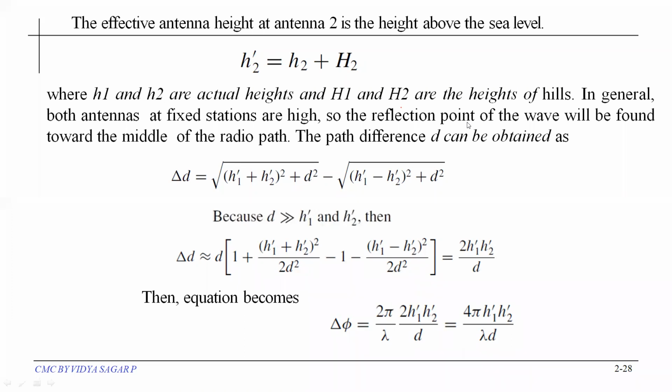Then the path difference can be calculated as delta D is equal to this formula: square root of (h1 dash plus h2 dash) whole square plus d square, minus the other one, square root of (h1 dash minus h2 dash) whole square plus d square.